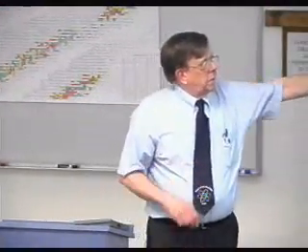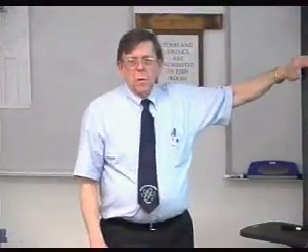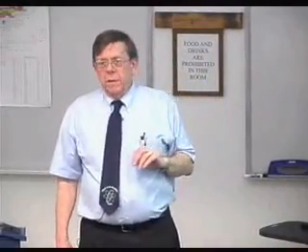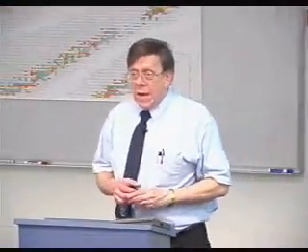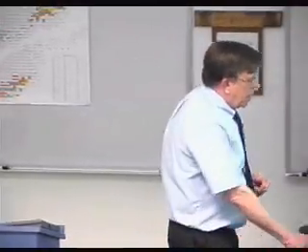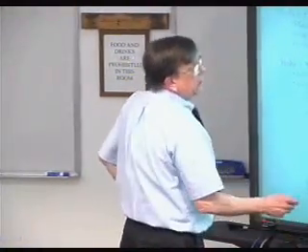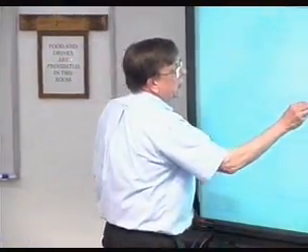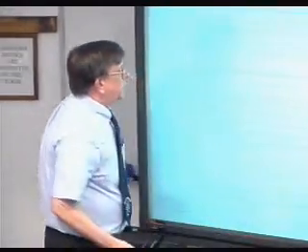Bohr, nevertheless, proposed another model, and again, he's going to make some assumptions that are contrary to classical physics. He assumed that Rutherford was correct in what he said, and he also assumed that the angular momentum of the electron was quantized. And what do we mean by that?